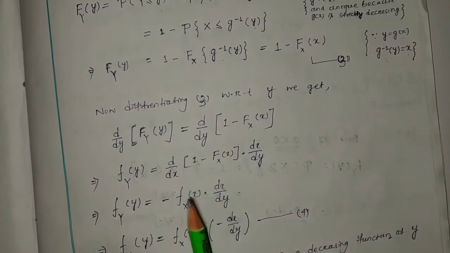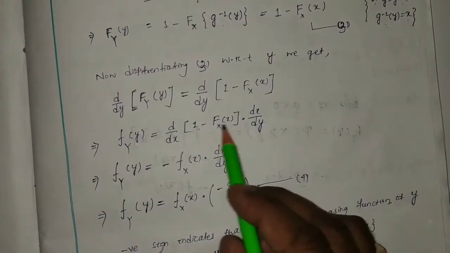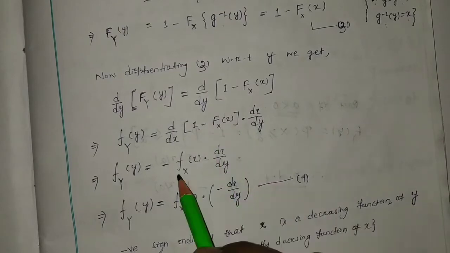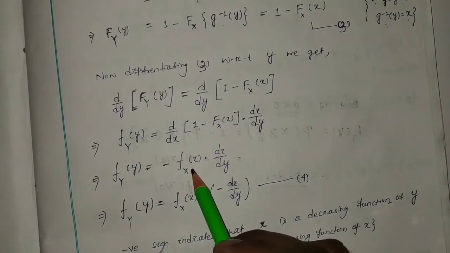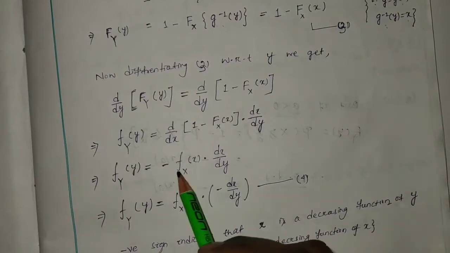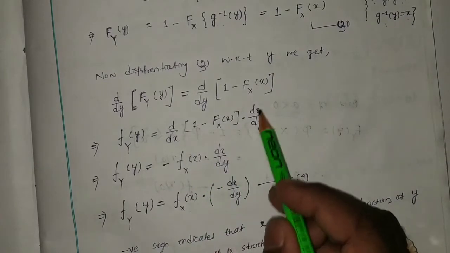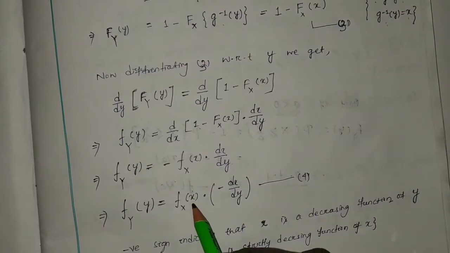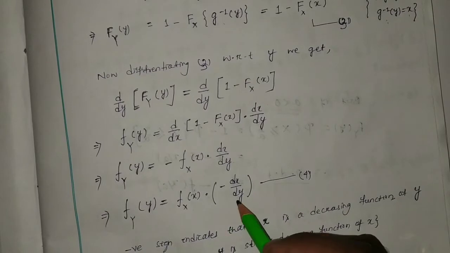Differentiation of 1 is 0, and minus d by dx of this one is nothing but the density function of the random variable x, small f of x into dx by dy. So f of y equals f of x into minus dx by dy.